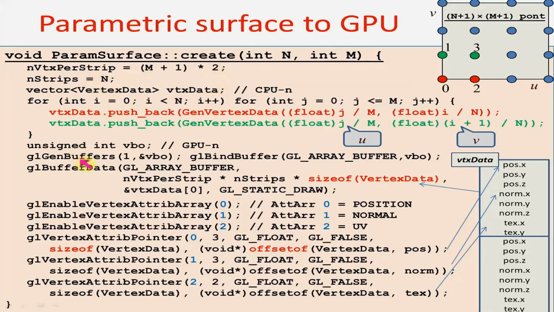The VBO is generated and bound. Then it is filled up by calling the generate vertex data function on the vertices, one by one, visiting vertices in the fashion suggested by the triangle strip structure. In the GPU, vertex shader input register number 0 will get the position, register number 1 the normal, and register number 2 the UV parameter pair of particular points.